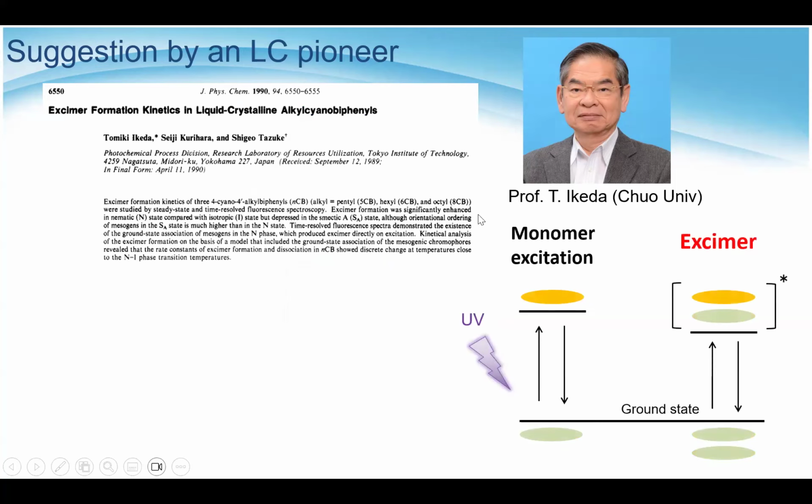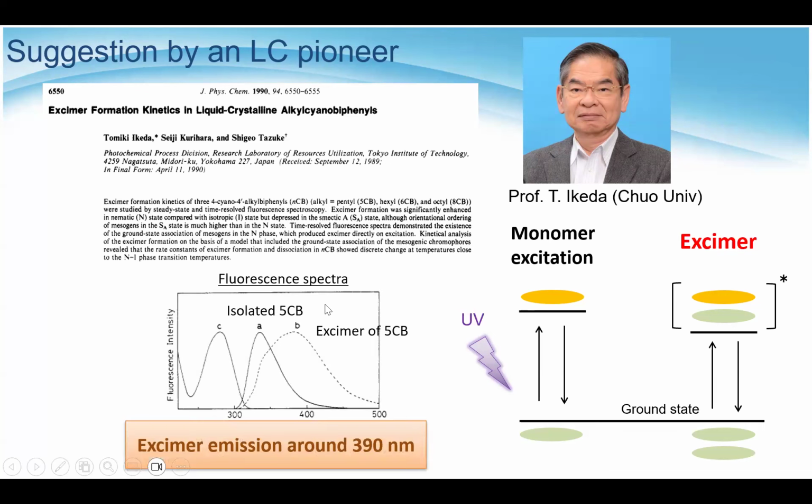An excimer is the excited state of associated molecules, not the monomer state, and it emits light. This excimer emission is around 390 nanometer.